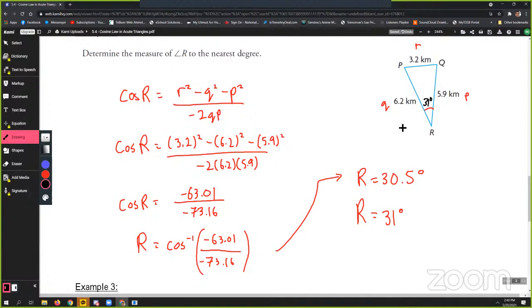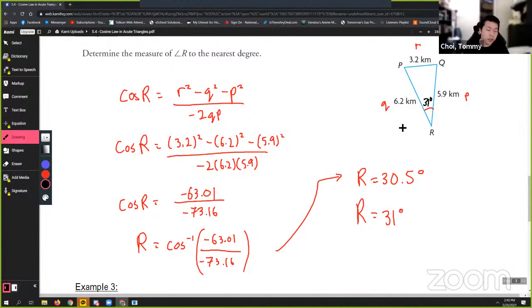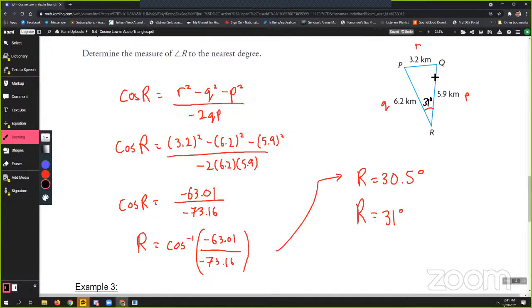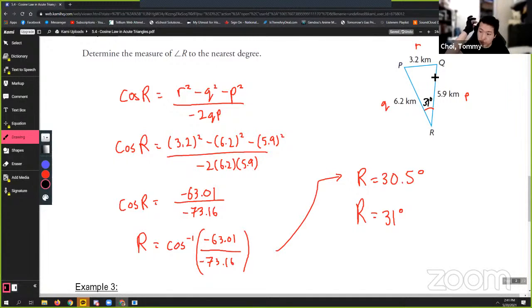Use sine law, exactly. Now that we have the R, we have an angle side pair, we're allowed to use sine law. And Lorraine said you can solve for P. You can actually, yeah, that is correct, because you can choose whether you solve for P or Q, because you have lowercase p and lowercase q. Then what Lorraine was mentioning at the end was to subtract the 2 from 180 to find the last angle.